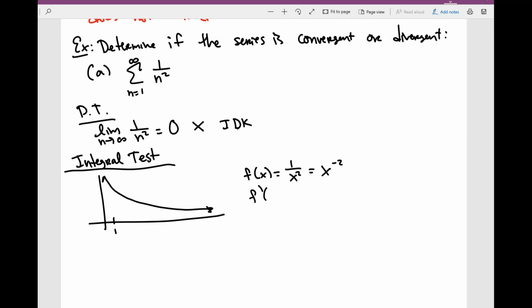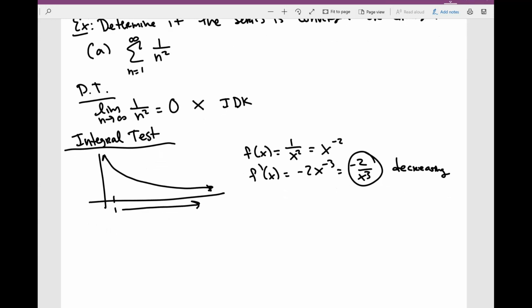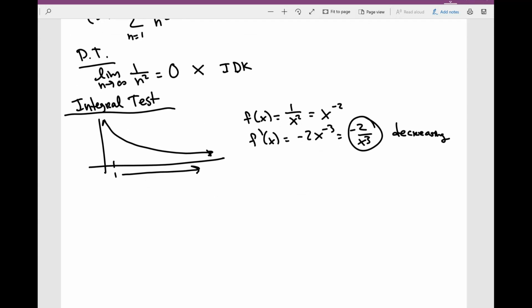If I take the first derivative, I'm going to have negative 2 x to the negative 3, which is negative 2 over x cubed. If I plug in any value of x that's greater than 1, you see that this is always going to be negative, so that means it's always going to be decreasing. That's another quick way to figure that out. Sometimes if the function is really difficult, it'll be hard to take the derivative, so you might want to do something else. Okay, so we know that it satisfies the assumptions.